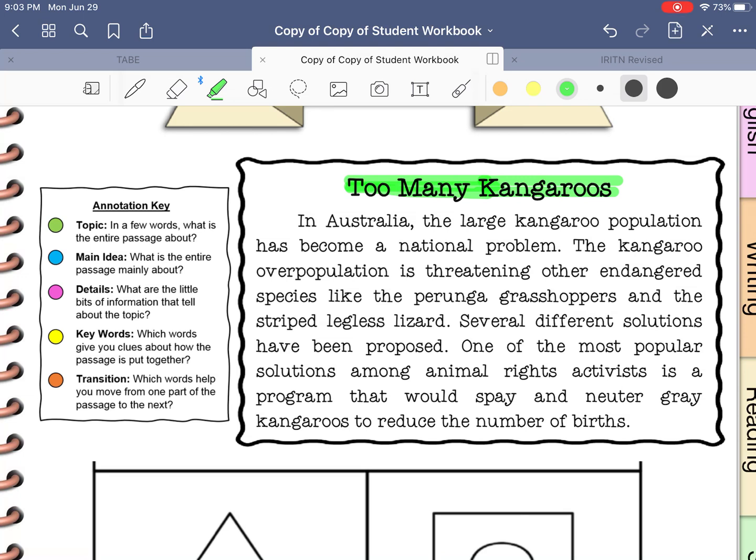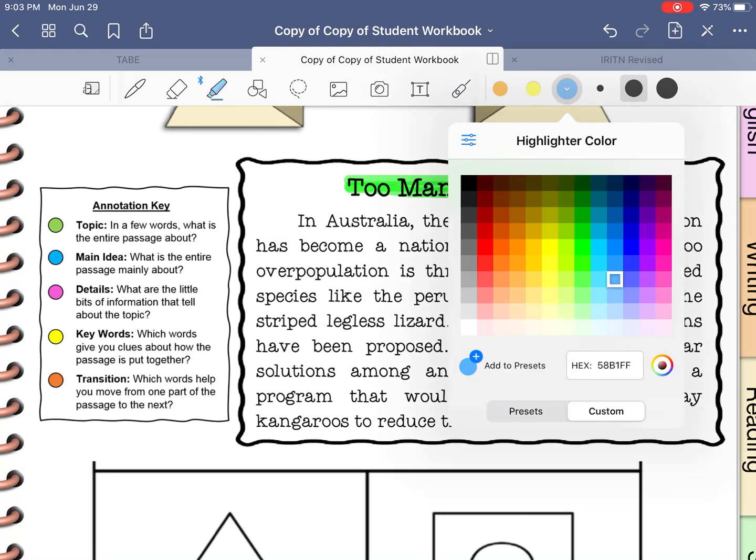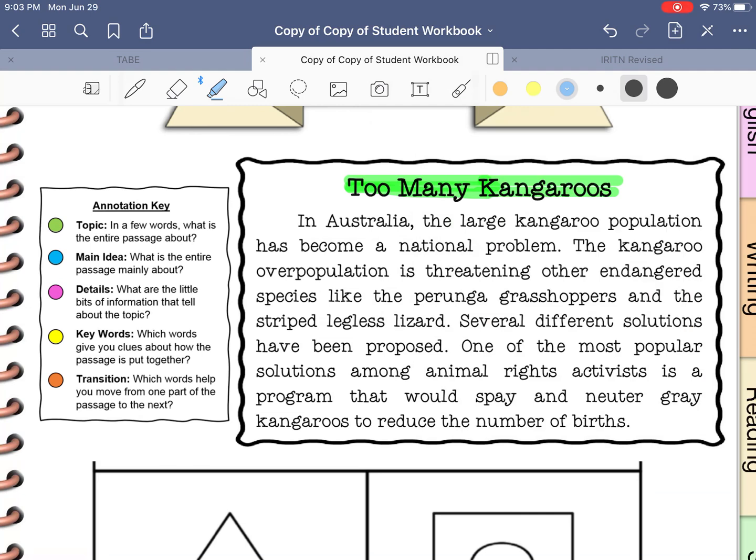The main idea. Why did the author write this passage? What is he or she trying to tell me? And here's the main idea. In Australia, the large kangaroo population has become a national problem. And I'm going to leave the word problem for a keyword. So that is all main idea.